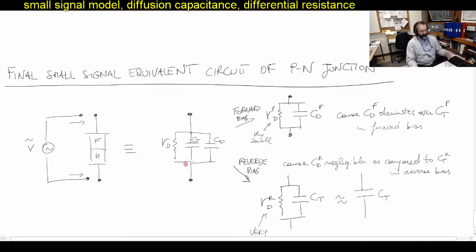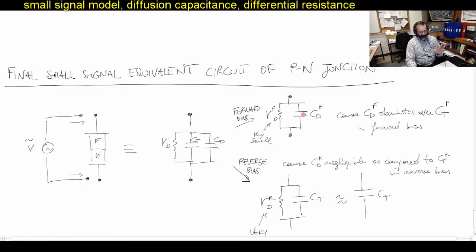Now, we can simplify this equivalent circuit depending on where we are. So in forward bias, as we said, what really dominates is the diffusion capacitance, and so we can simplify the circuit with simply the differential resistance in forward bias, which is extremely small, and the diffusion capacitance, which is very big, and so the impedance is very small.